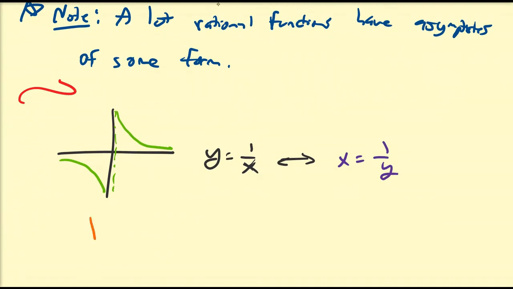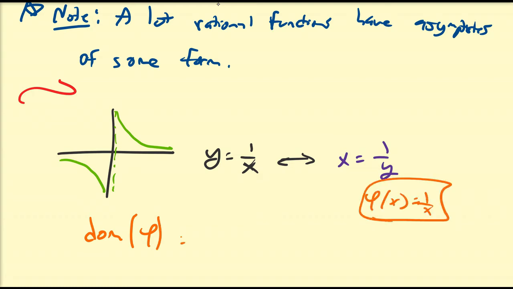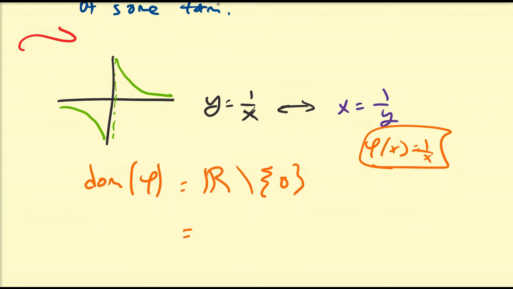So we can say that the domain of phi, where we're defining phi of x to be equal to 1 over x, is going to be equal to the set of real numbers except x is equal to 0. So you can rewrite this as the set of numbers negative infinity to 0 union 0 to infinity.